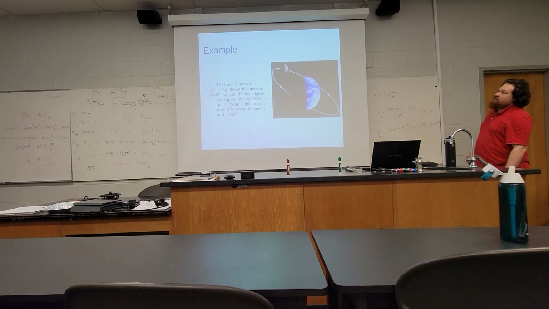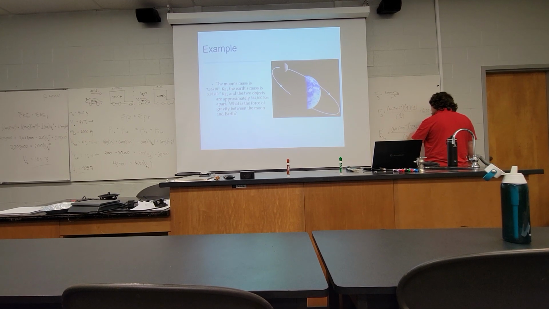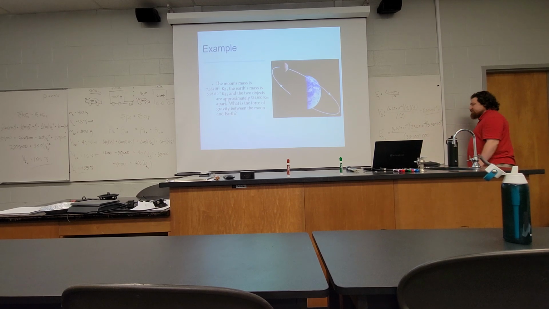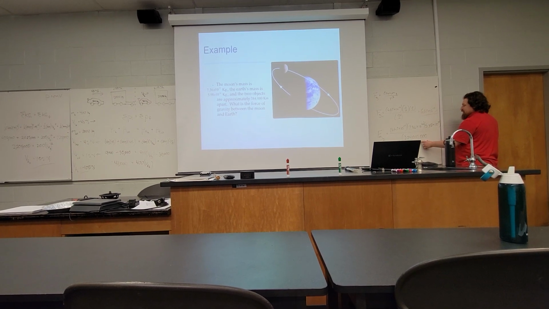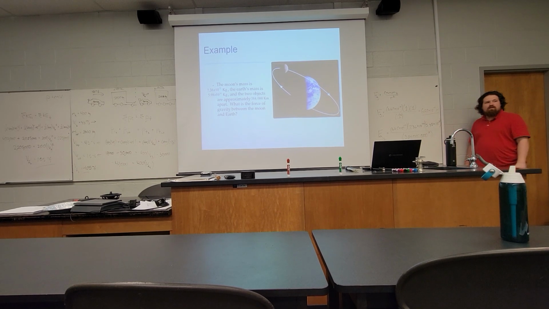And the distance between the cores of those two objects does actually fluctuate, but we're going to use the generally accepted average of 384,000 kilometers. However, all of our formulas like meters instead of kilometers, so I'm going to multiply that by 1,000 to make it meters, and then we're going to square it.